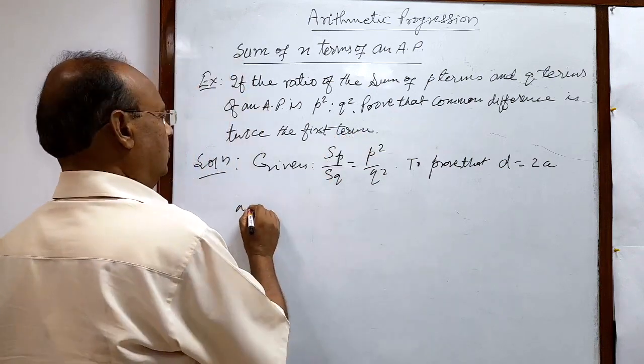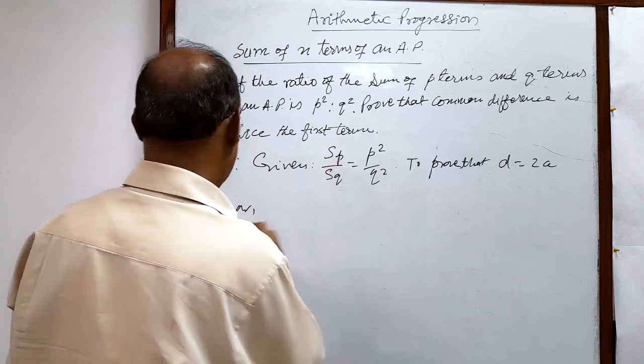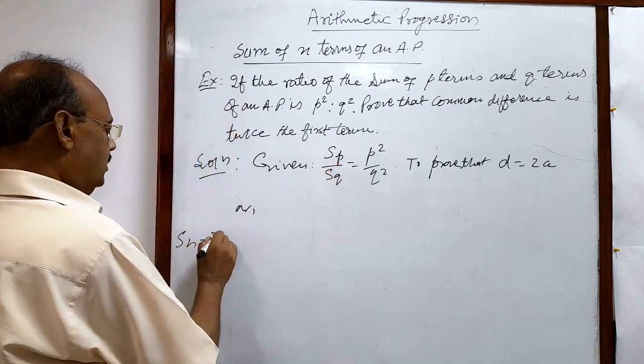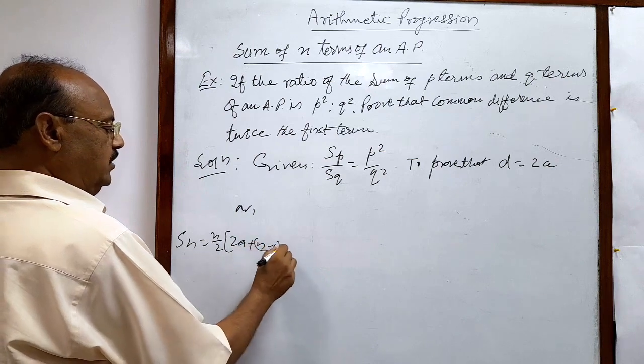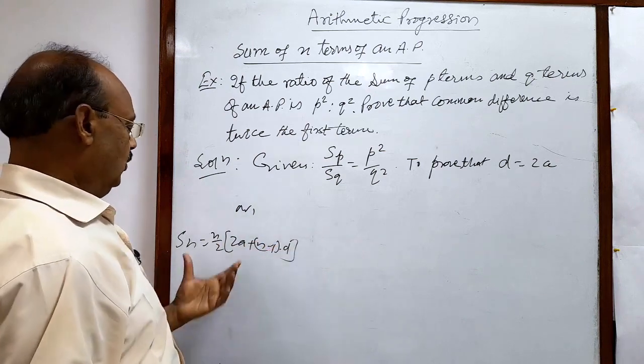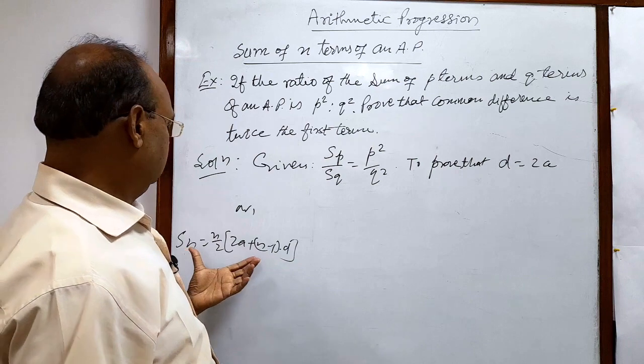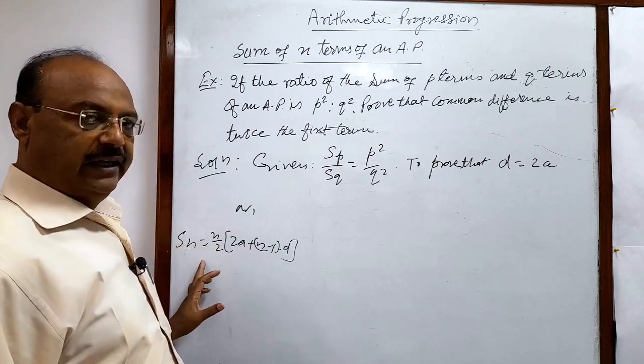We will use the formula Sn is equal to n by 2 into (2a plus (n minus 1) into d). This is the formula for finding the sum of n terms.